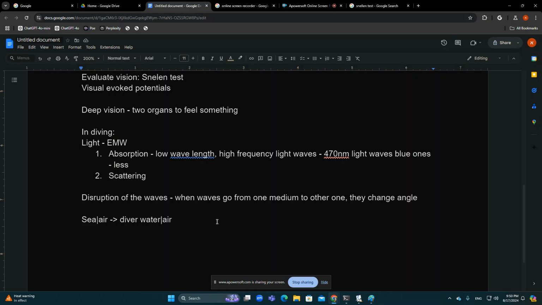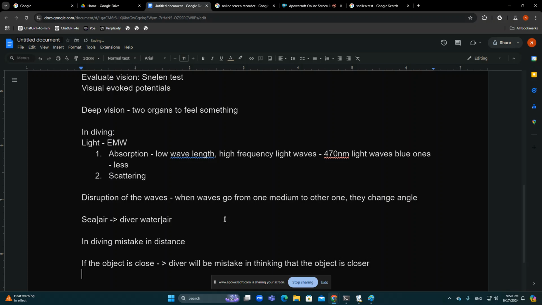The diver will probably make a mistake, a mistaken distance. And it's important: if the object is close, the diver will mistakenly think that the object is closer.